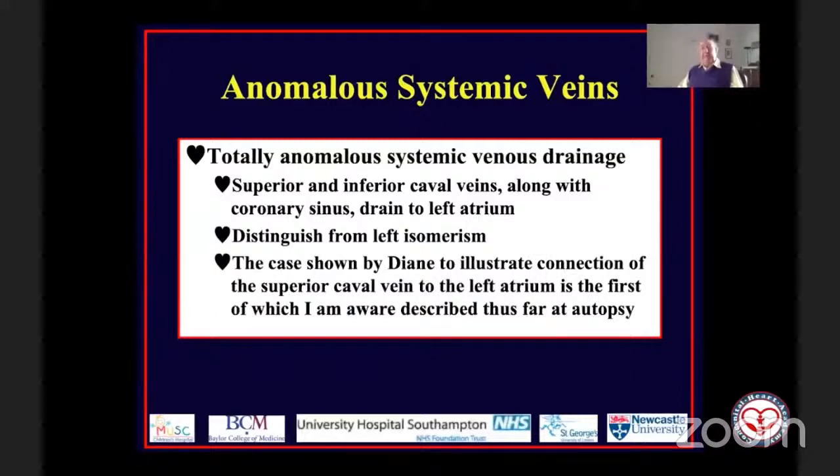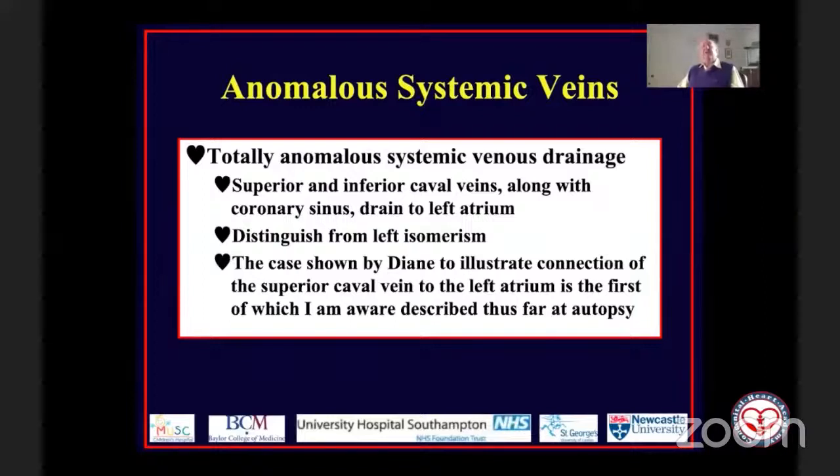And I had never previously seen an autopsy case showing us totally anomalous systemic venous connection. But in fact, you have now seen that case because the heart that Diane showed you, concentrating on the connection of the right superior caval vein to the morphologically left atrium, also, we now appreciate, has totally anomalous systemic venous connection.